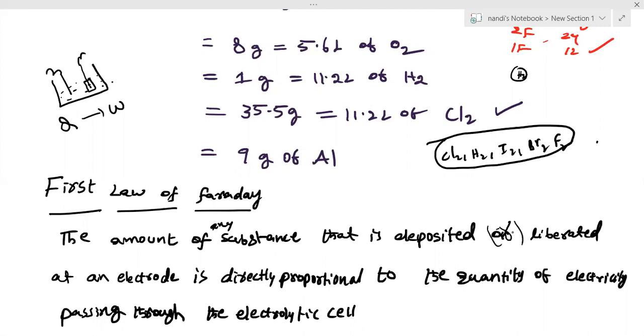So if you send more electricity, more substance will be deposited at the electrodes. That is a simple concept. Please note it down. If you are not understanding, I will discuss again, but read it 2 to 3 times. Once completed, let me know.